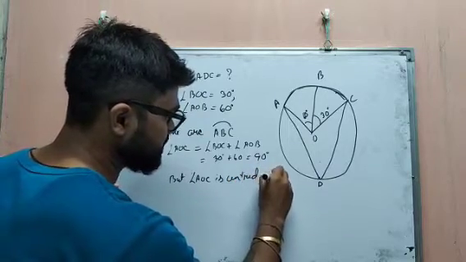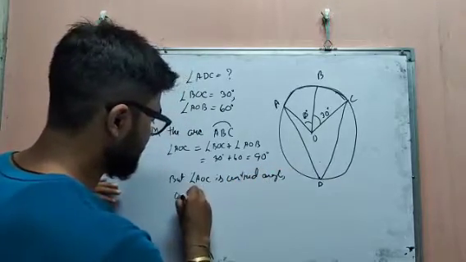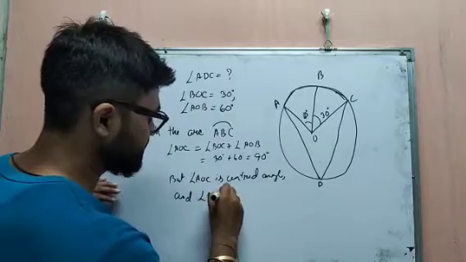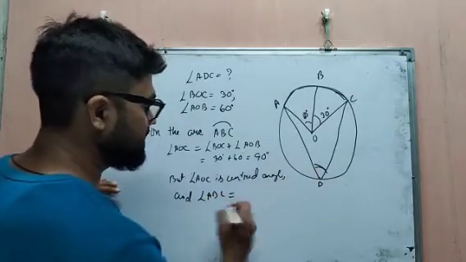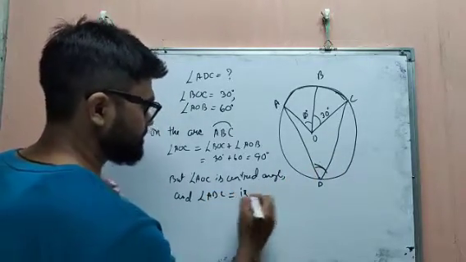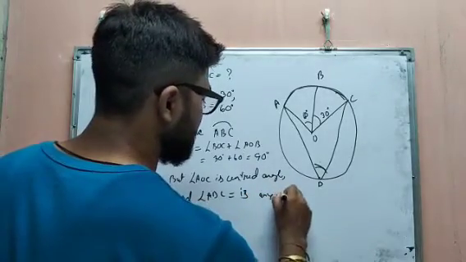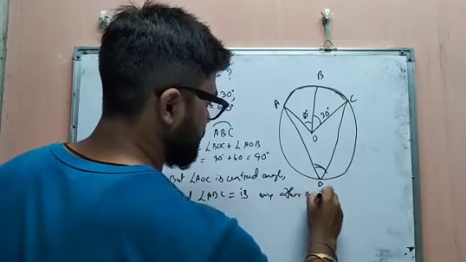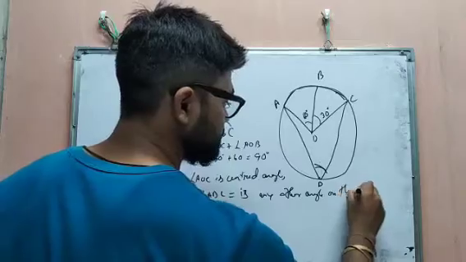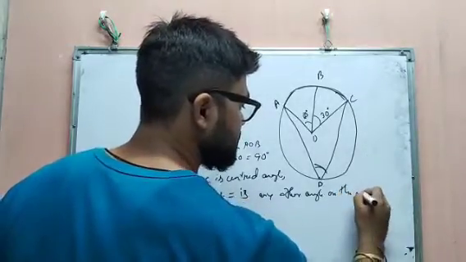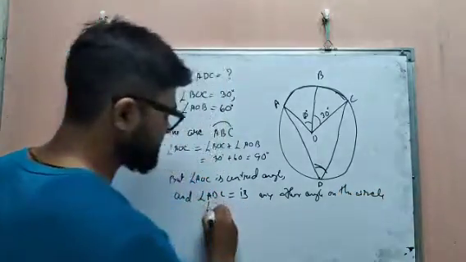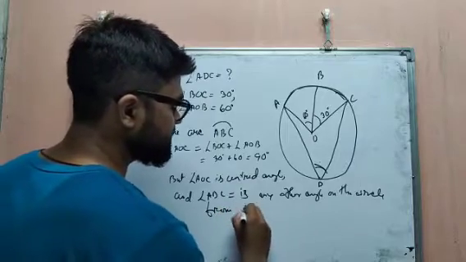And angle ADC is any other angle on the circle from the same arc.